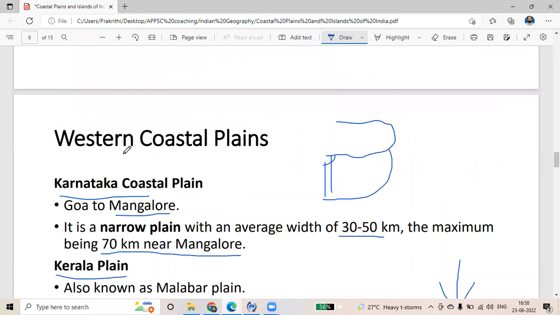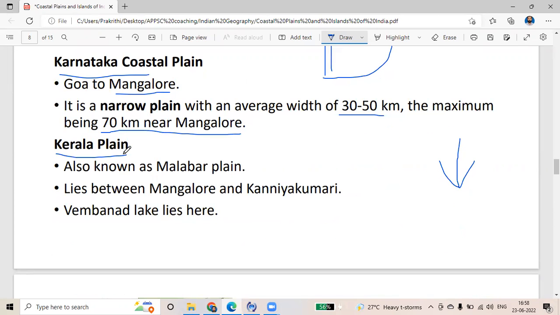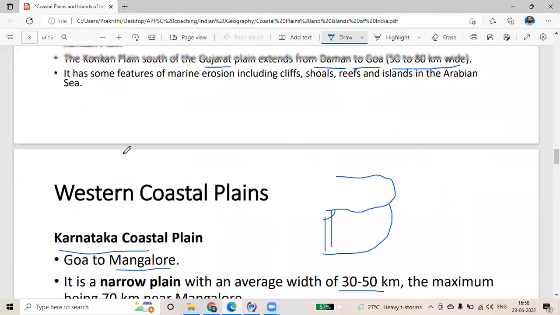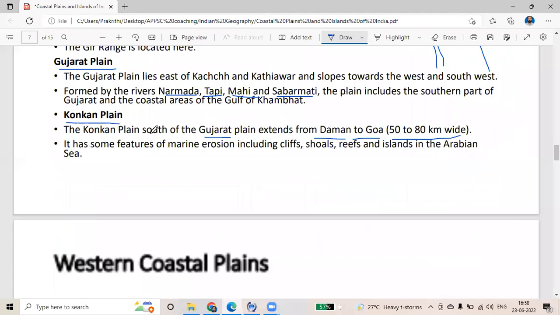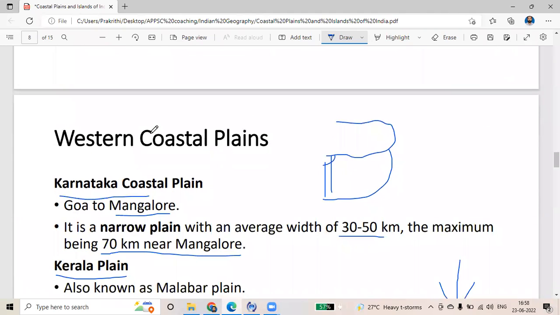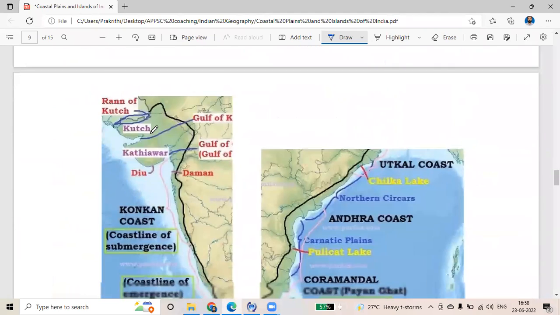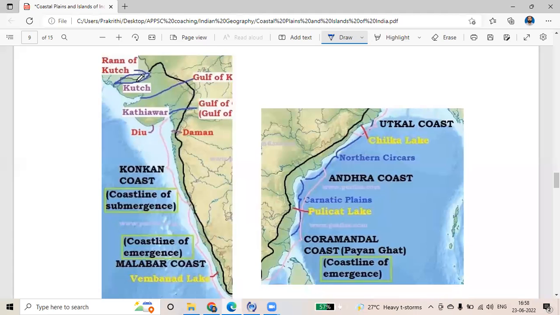So this is about the western coastal plains of India. It consists of the Kutch-Kathiawar plain, Gujarat plain, Konkan plain, Karnataka plain, and the Kerala plain region. If you look, you can see the Rann of Kutch region here. After this you can see the Kathiawar region here. This is the Gulf of Khambat.